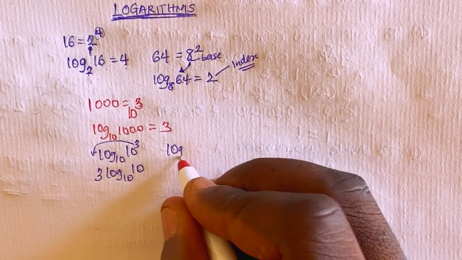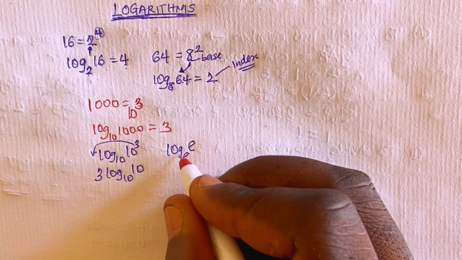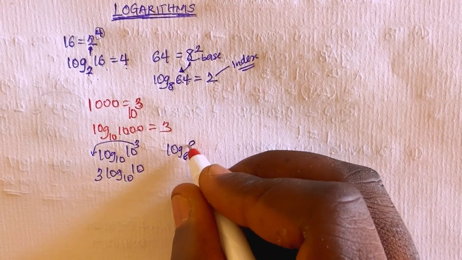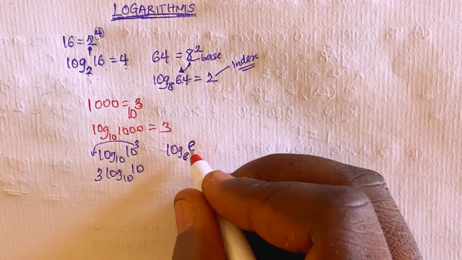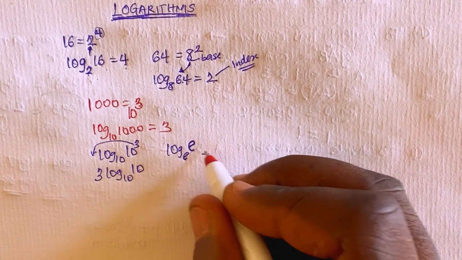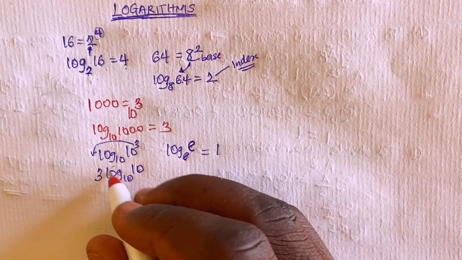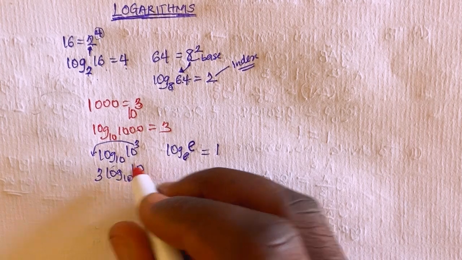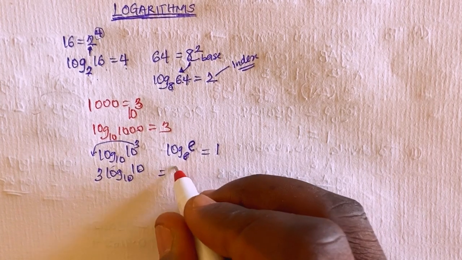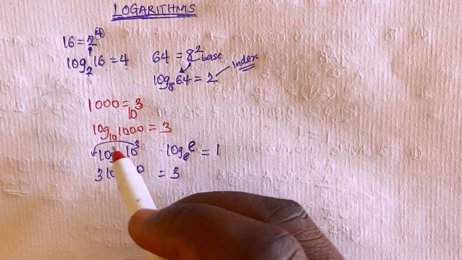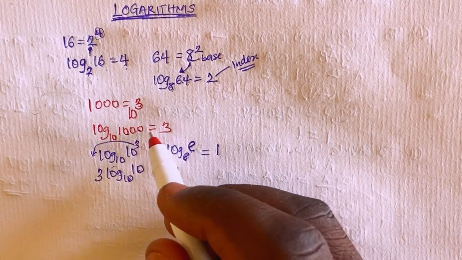Whenever you have log base anything of the same thing, say E, this E represents anything, it is equal to 1. Since I have 10 and 10, which are the same here, log base 10 of 10 is 1. And the answer is simply 3. So whenever you have log base 10 of 1000, it is equal to 3.